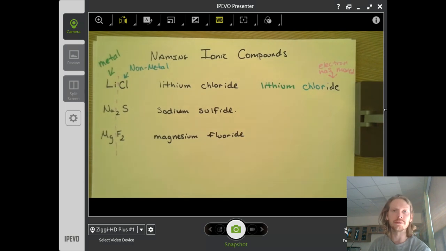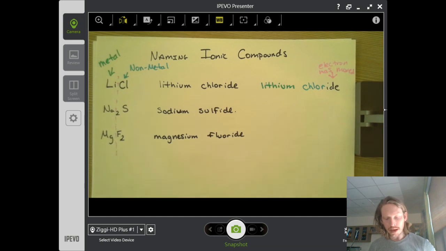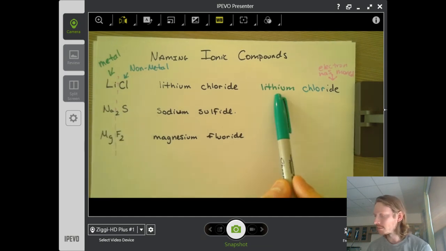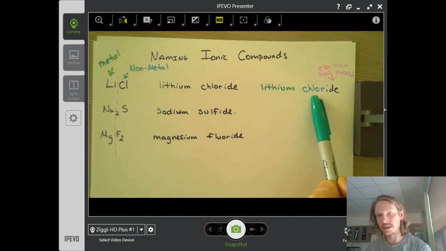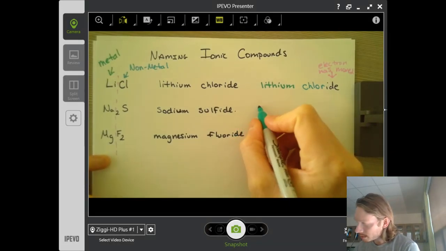So the metal stays the same, and the non-metal has the root of the word, but it's always an 'ide' ending. So you could probably take a guess at what the next one would be. Sodium is the metal. We take the full name.